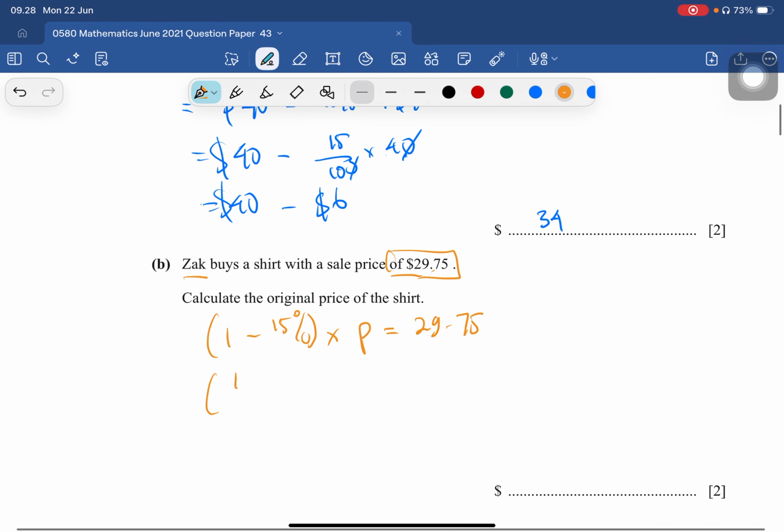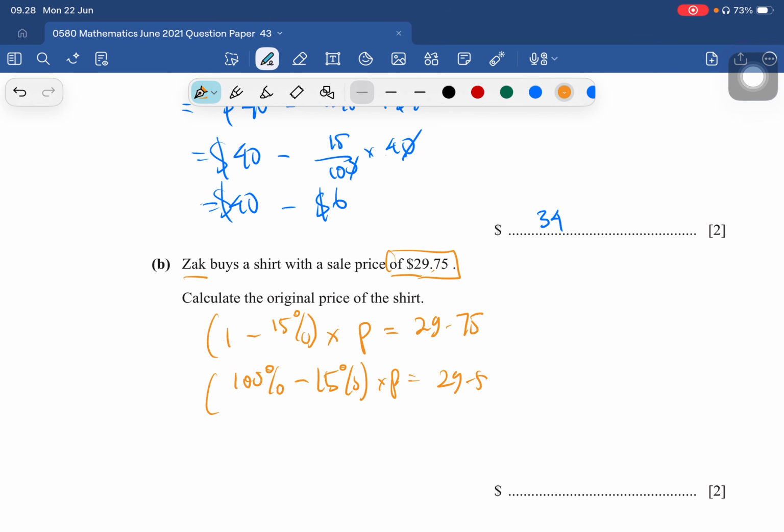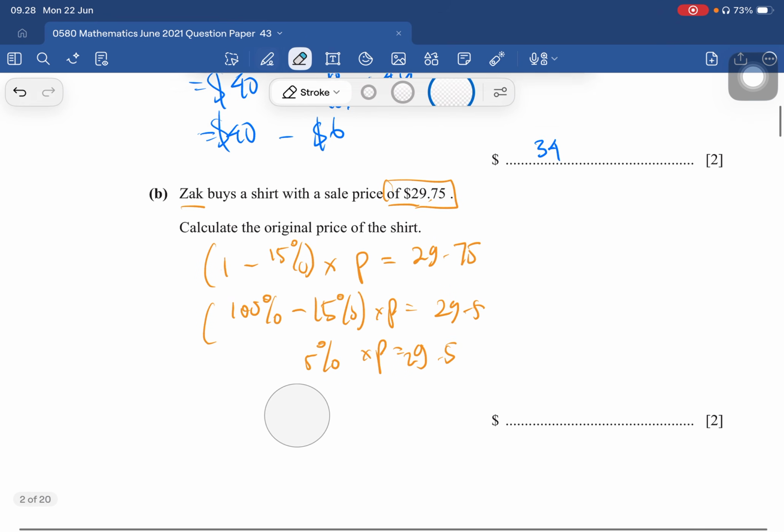So we have 100%, we minus 15%, then times the original price. So 100 minus 15, we get 85% of P equals 29.75.